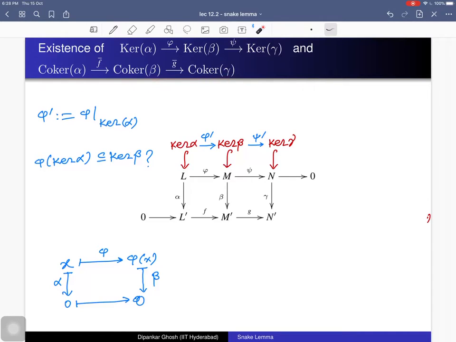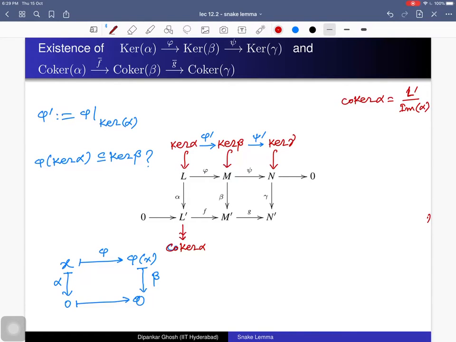Next we should see how we can get this part of the exact sequence. So, cokernel of alpha is sitting here. I should use cokernel of alpha, and what is cokernel of alpha? If I just write it here, cokernel of alpha is just the codomain L prime modulo image of alpha.